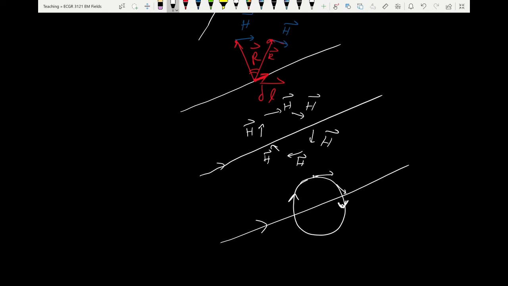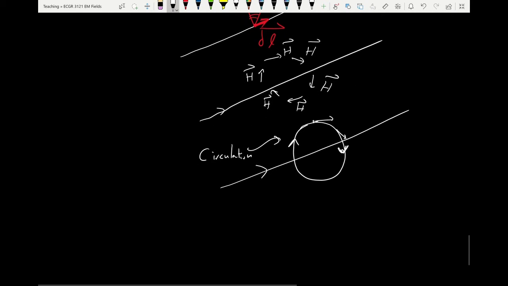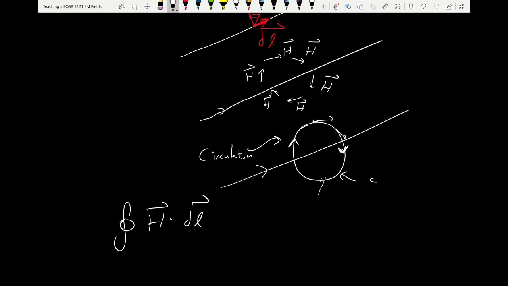Whenever you have a circulation, this is called a circulation. So it seems that naturally the magnetic field around a wire circulates around the wire. Whenever you have circulations, it's natural to ask, what happens if I integrate along this circulation? This is the closed curve C, and this is dl here.